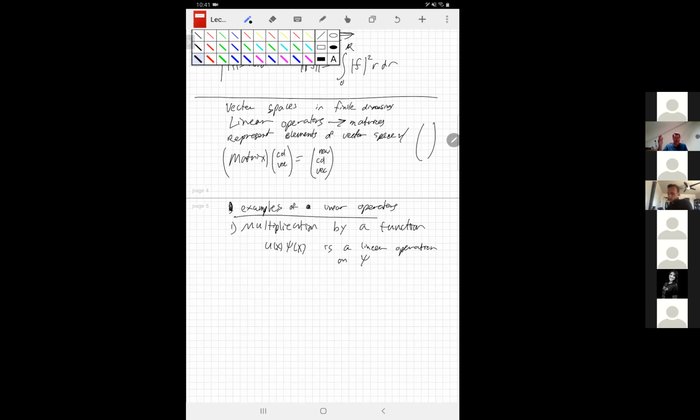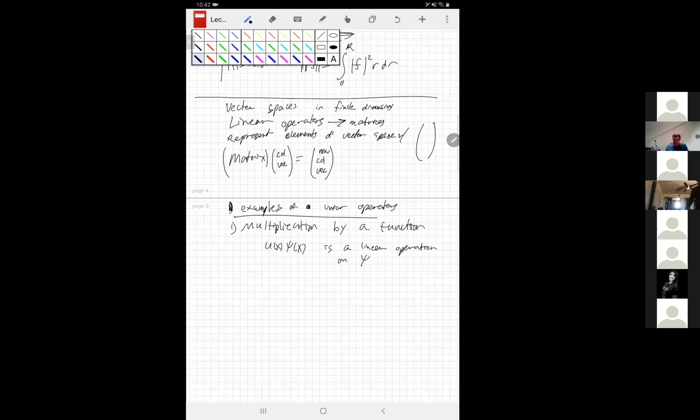U is some function. U could just be x. U could be 1 over x if it's the potential energy of a hydrogen atom. It could be x squared if it's the potential energy of a harmonic oscillator. It could be some sinusoidal function. It could be a periodic function. Those are important in crystals. It could be all sorts of things.